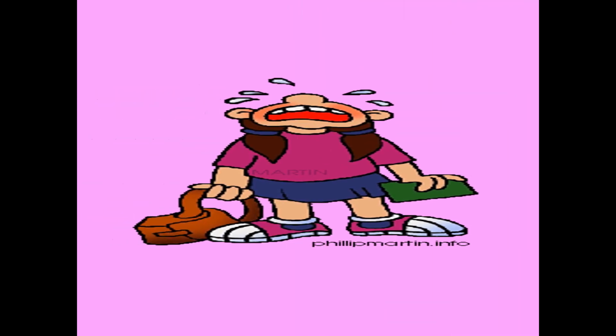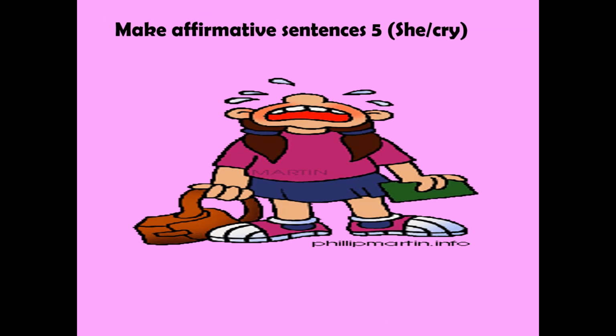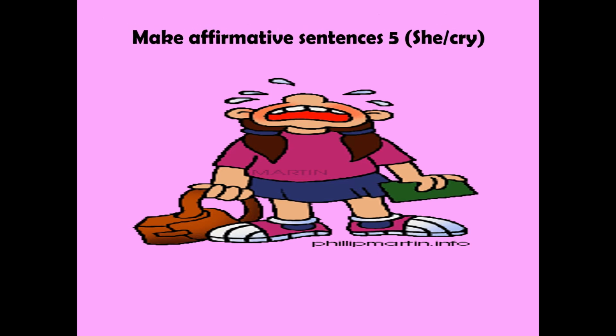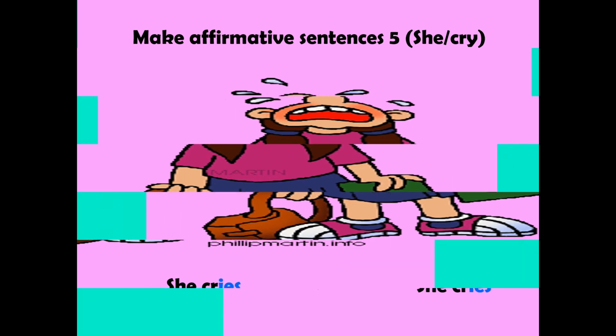Another sentence is she cry. In this case, she is third person and cry is ending in y. So in this case, you have to erase the y and you have to add the i, the e and the s. So we have she cries.